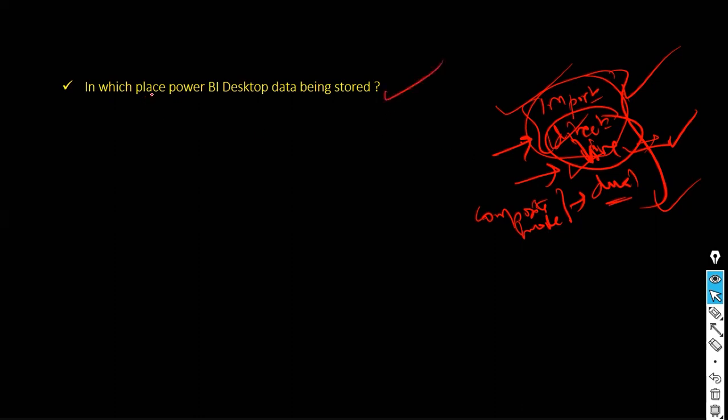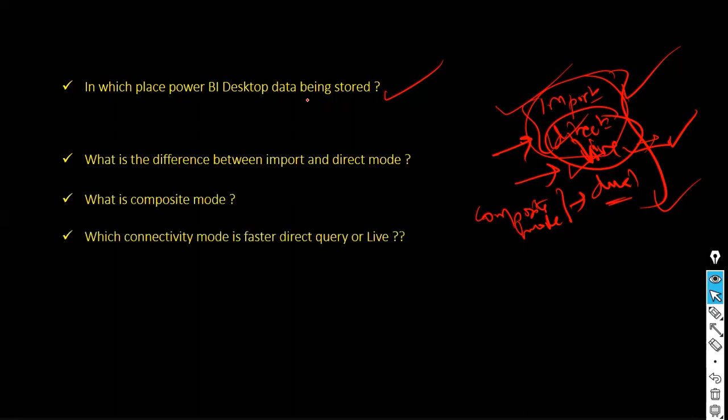Now let's spend some time quickly to take up this quiz. In which place is the Power BI Desktop data stored? In the case of import mode, the data is copied to the report itself. In direct query mode, the data will not get loaded here, but the metadata will still get stored in the Power BI Desktop file.